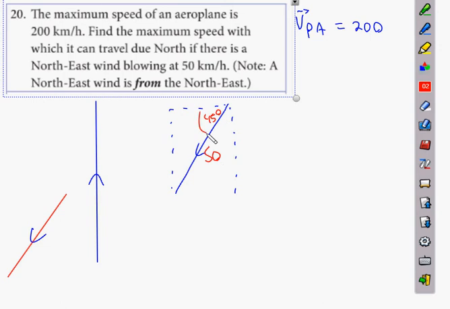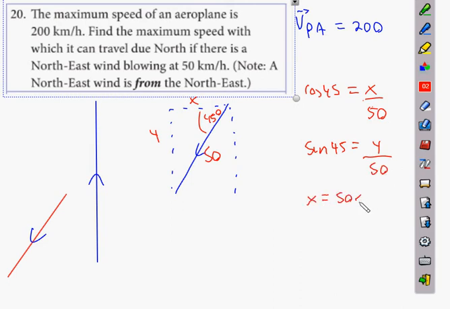We're going to break it up into its two components, X and Y. So cos 45 equals x over 50, sine 45 equals y over 50. Therefore, x equals 50 cos 45 and y equals 50 sine 45.